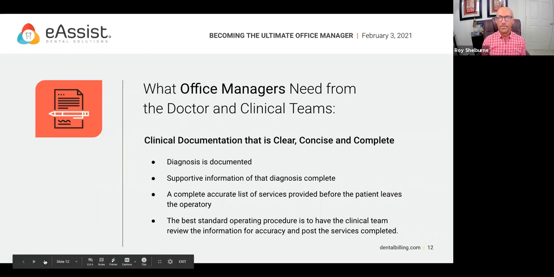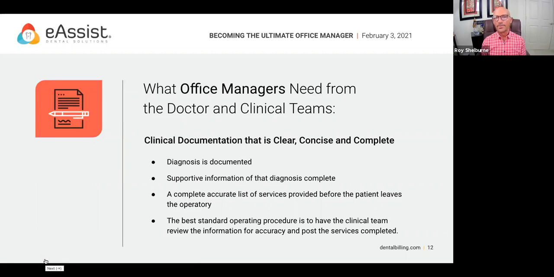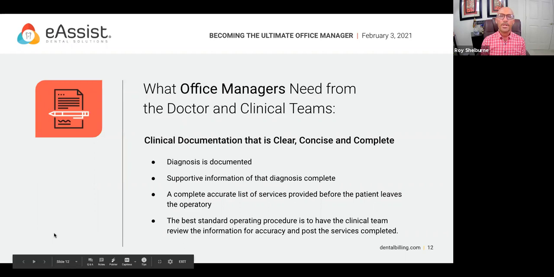Doctors need to provide you an accurate list of services, either posted or ready to post, so that when that happens, the insurance information can be transferred very easily to the insurance carrier for reimbursement. You can calculate patient portion and collect that. So that information needs to be completed before the patient is dismissed from the clinical area.